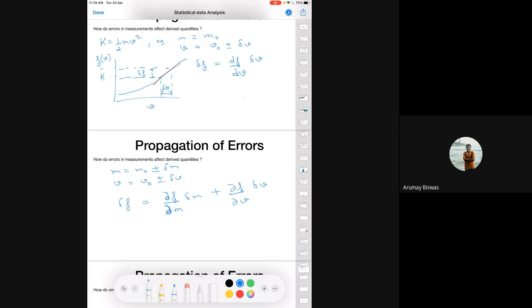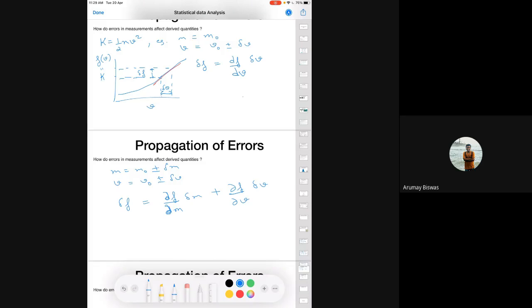And this, as you can see, is perfectly generalizable. So you can do this for any number of variables, but look at something here.